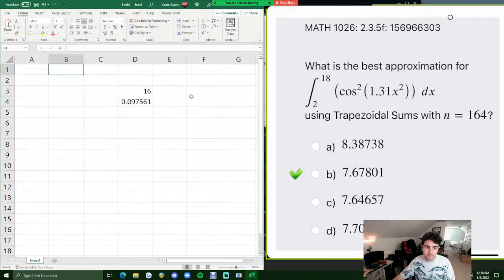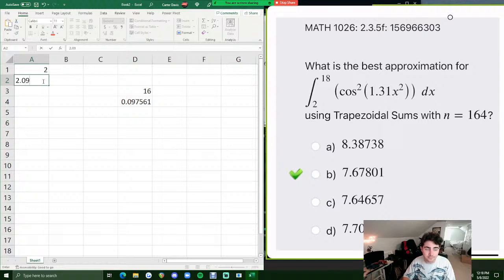The nice thing is for this problem, we can start at our endpoint. You only start at your endpoint when you're using left, right, and trapezoidal sums. Midpoints are the tricky ones. So now we want to do 2 plus this width to get to the next one. But I've learned my lesson not to type in the actual function, like the 2 plus whatever.